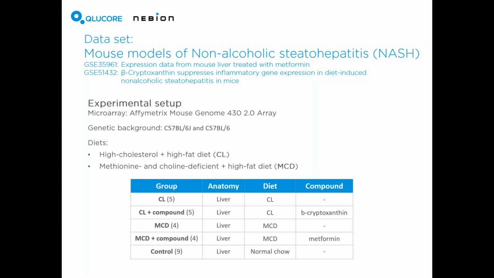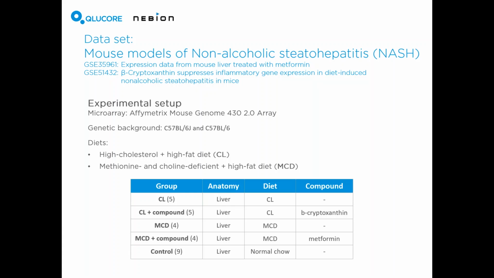In these two datasets that we have chosen for today's webinar, the authors make use of two main mouse models of NASH without diabetes, which are established by feeding the mice a special high-fat and high-cholesterol diet, which we will refer to as CL. This is opposed to the normal diet.